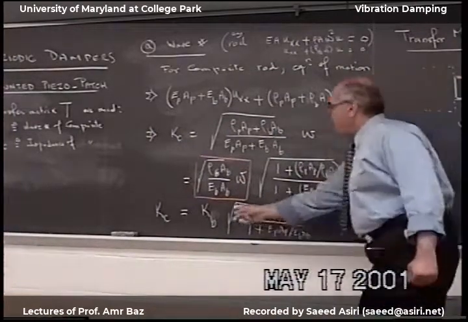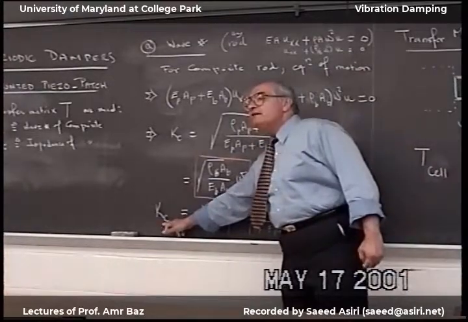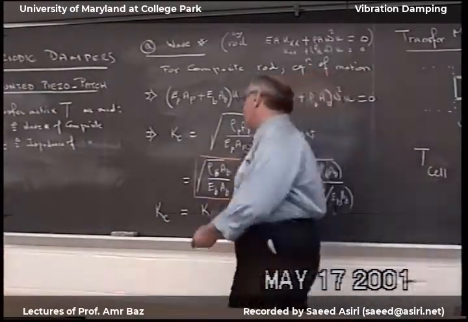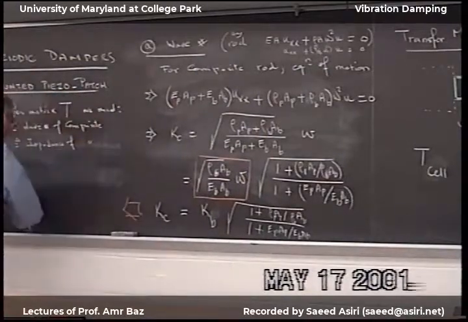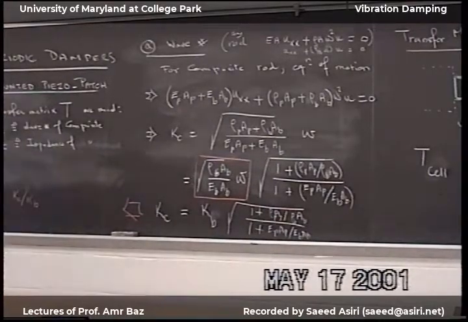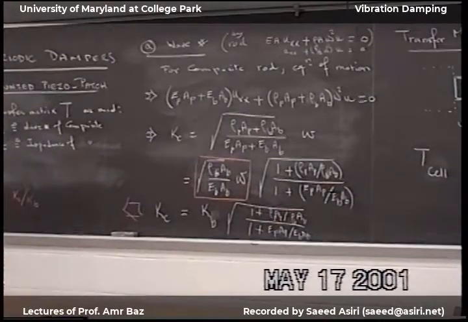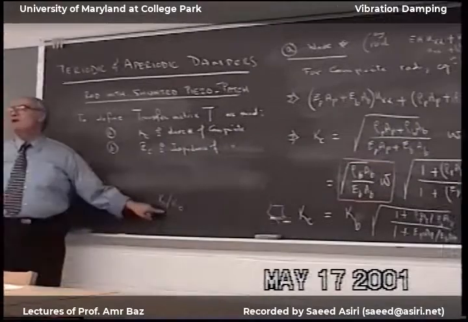From here I'll define the ratio between K_C and K_B. In the last lecture, we had two numbers in the beginning of the program, and I told you to forget about these two numbers. The first number was the ratio of the wave numbers.